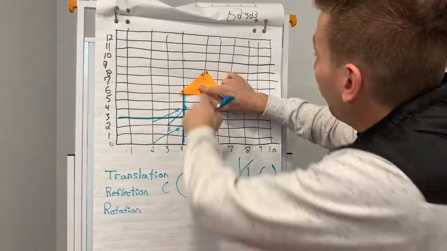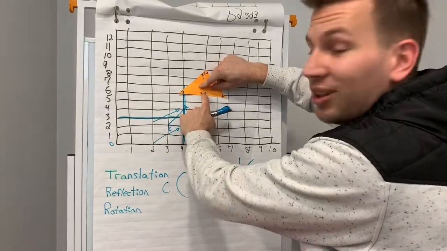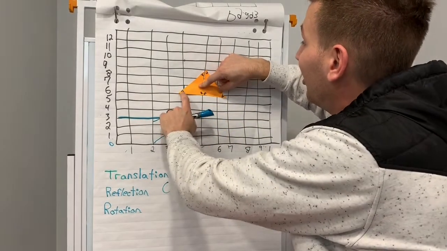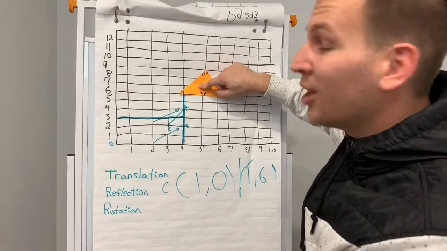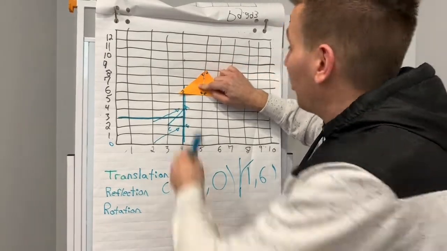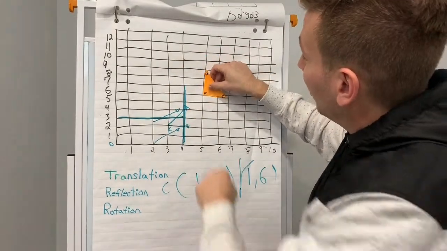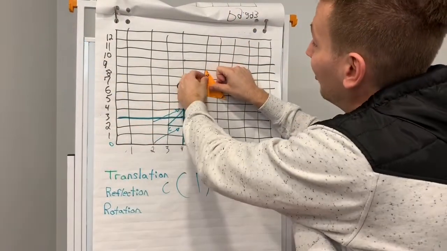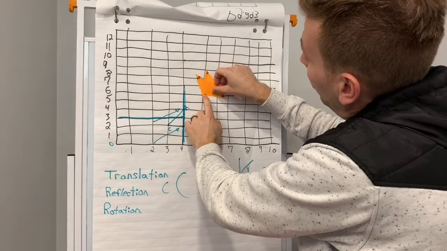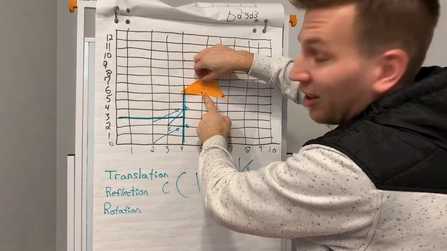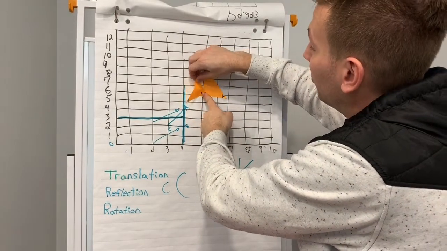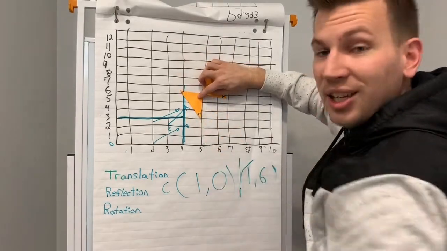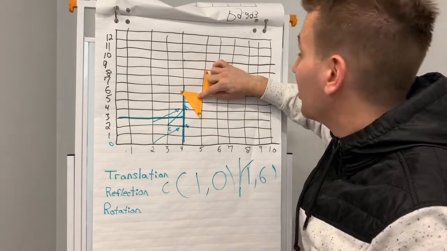And then point A is where point C would be. Point B is still where point B would be. And then point C is now way far away. But that's rotated 90 degrees. If it was a 180 degree rotation, that would be 2 rotations. So I'd rotate it once, and then I have to go 1 more time to reach 180 degrees. So that's what rotation looks like.